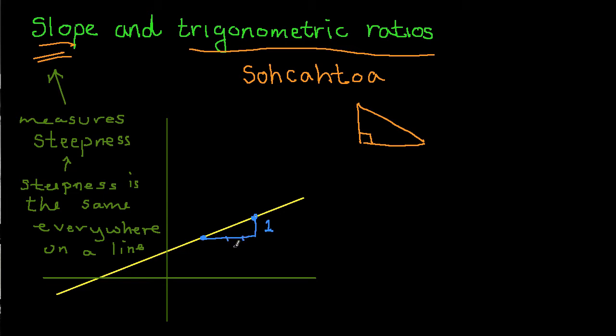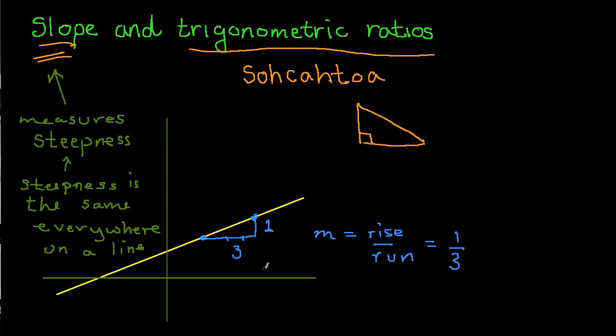Looks like this is 3. So you get 3 whole meters to get up that 1 meter. So our slope is equal to rise over run. Remember, it compares these two quantities. So it's equal to 1 over 3.